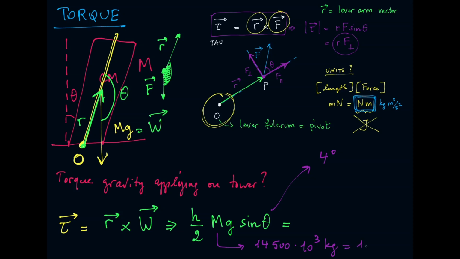So that would be 1.45. Let's do 1.5 times 10 to the 7 kilograms.